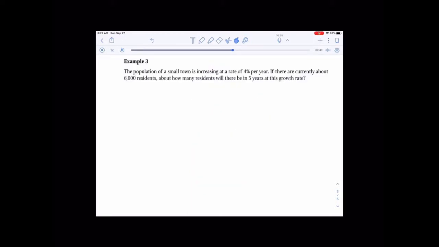Let's confirm the population after 5 years is 7,300 people. Let's create our table. We have population over here on the right. And on the left, we have after the amount of times this has occurred, which is in years.